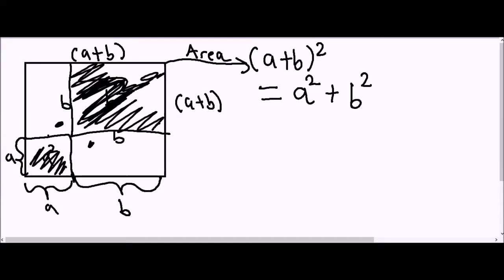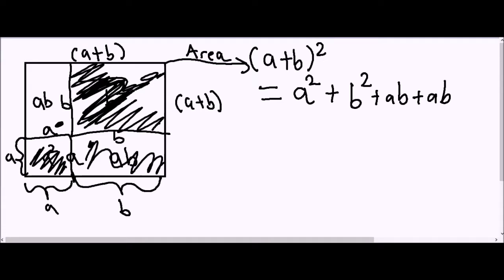This side length over here is a, because this is a square, so the area of this rectangle will be length times width, ab. Same thing over here. This has a side length of a, this has a length of b, so the area of this rectangle is a times b. So now we have two a times b's.